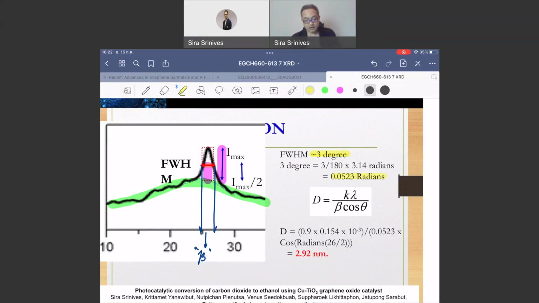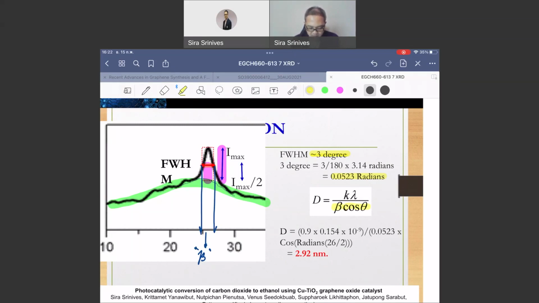I change it into the unit of radians. This depends on the unit that you use for the other variables. If you change it into radians, you have to make sure that the cos theta here is also in radians. The units need to be the same with one another.